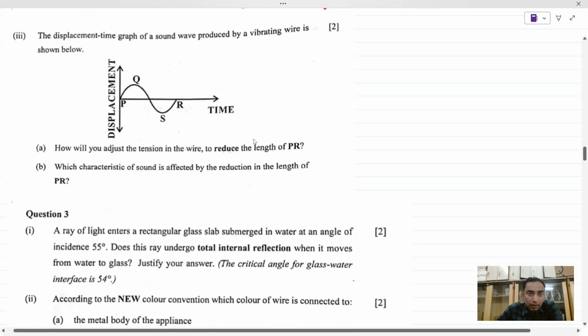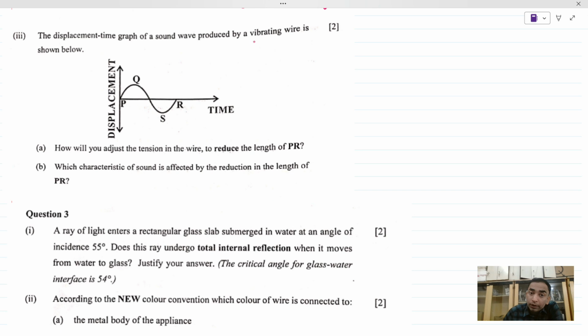Correct? Okay. Now displacement time graph of a vibrating wire is given. That means this gap PR is the time period, time taken to finish one oscillation or one wave is the time period, right? So PS actually equals the time period. How will you adjust the tension in the wire to reduce the length of PR?